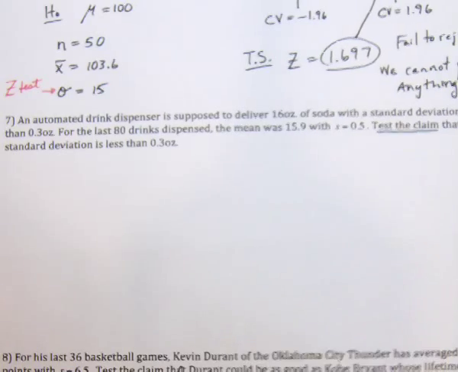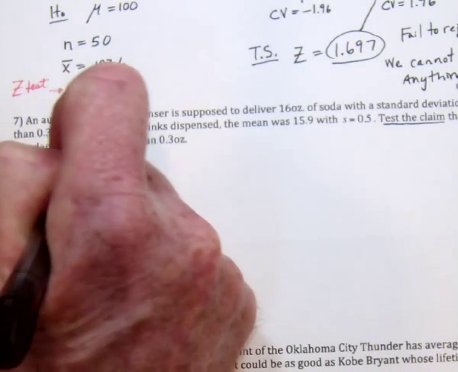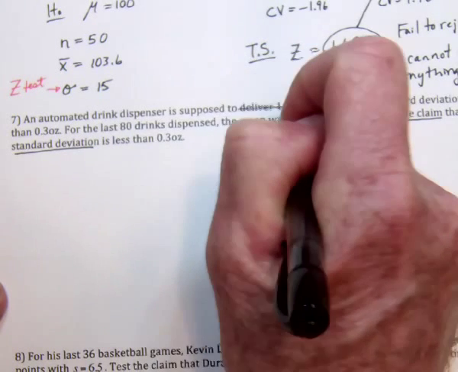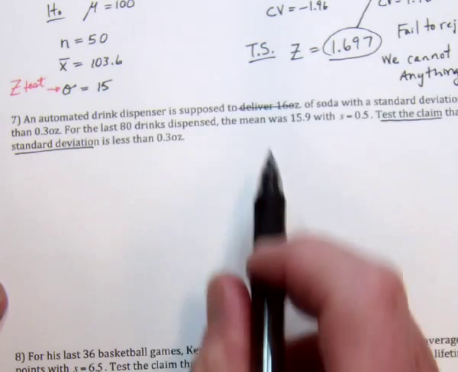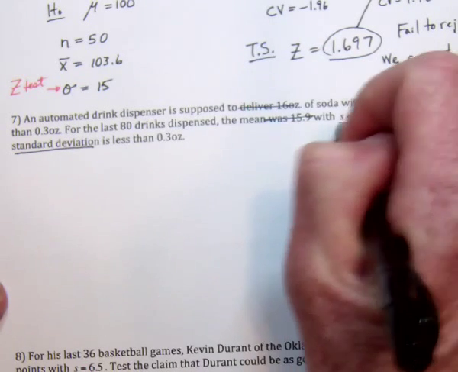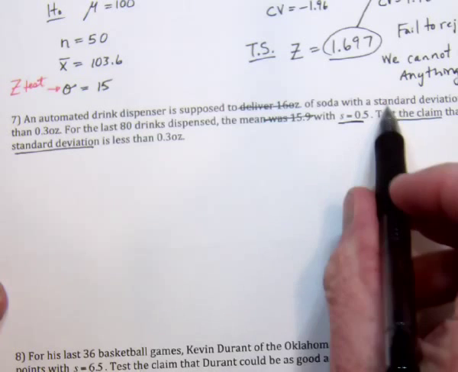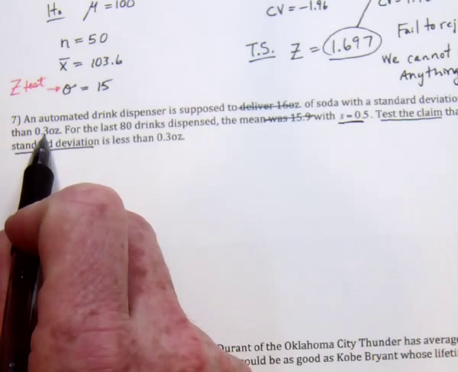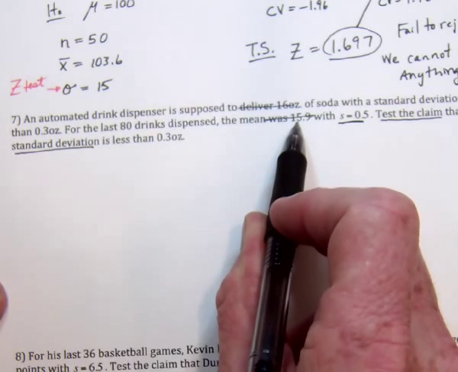Test the claim, the standard deviation. That means that you don't even need this information, because that's not a standard deviation. That's not a standard deviation. This is a standard deviation. This one says the standard deviation is supposed to be less than, so this is key, this you keep, but this is just extra information you don't need.